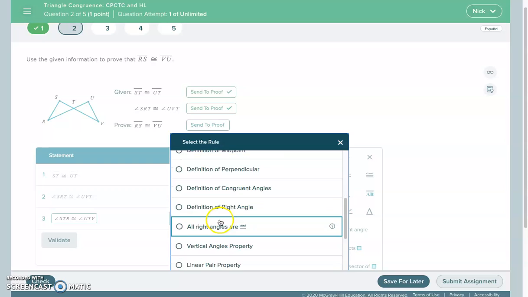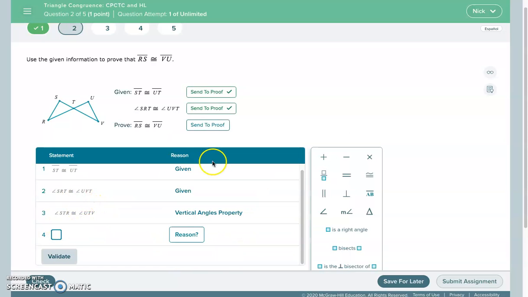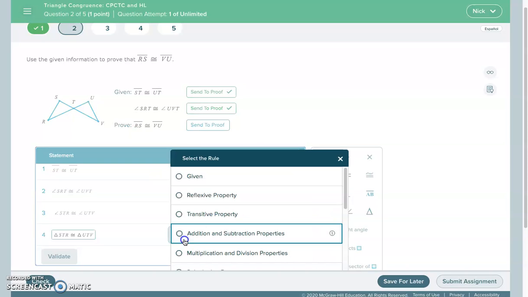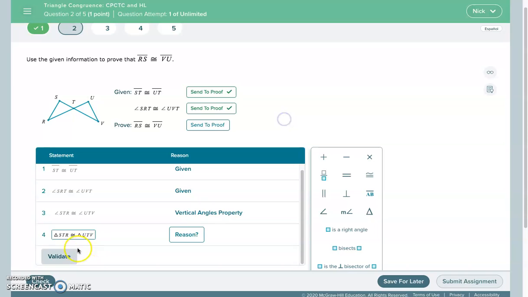So let's see, where's the vertical angles property? Now I can talk about those triangles. So triangle STR is congruent to triangle UTV, by the, well, we didn't talk about this yet. What property is that?